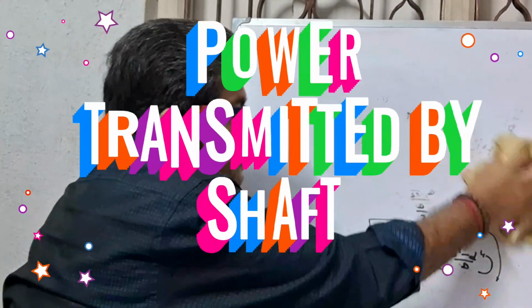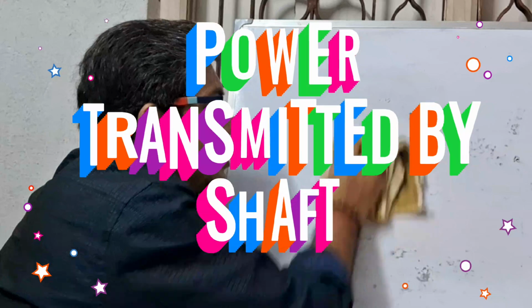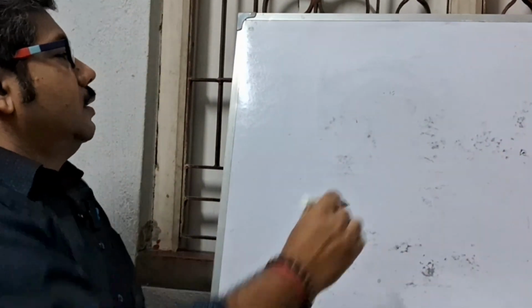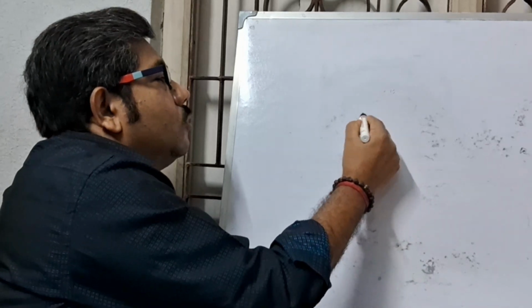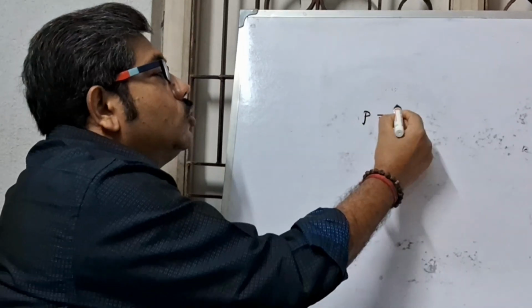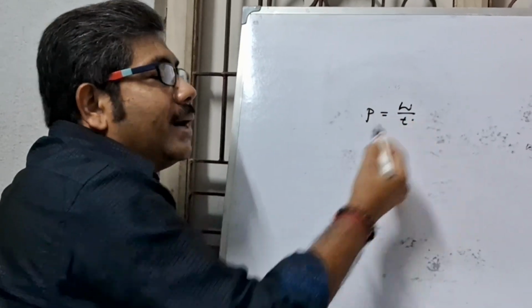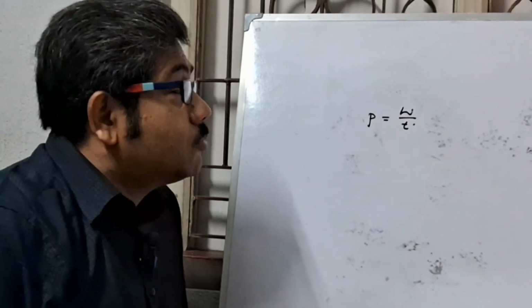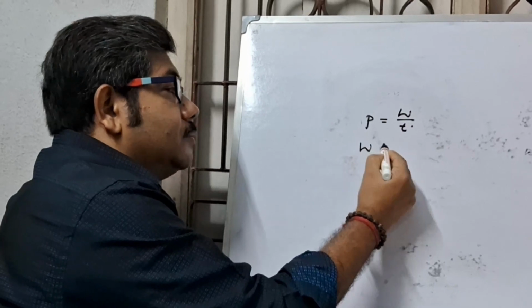Now we will learn power transmitted by the shaft. We know that power equals work done by time. So at first we have to calculate work done.